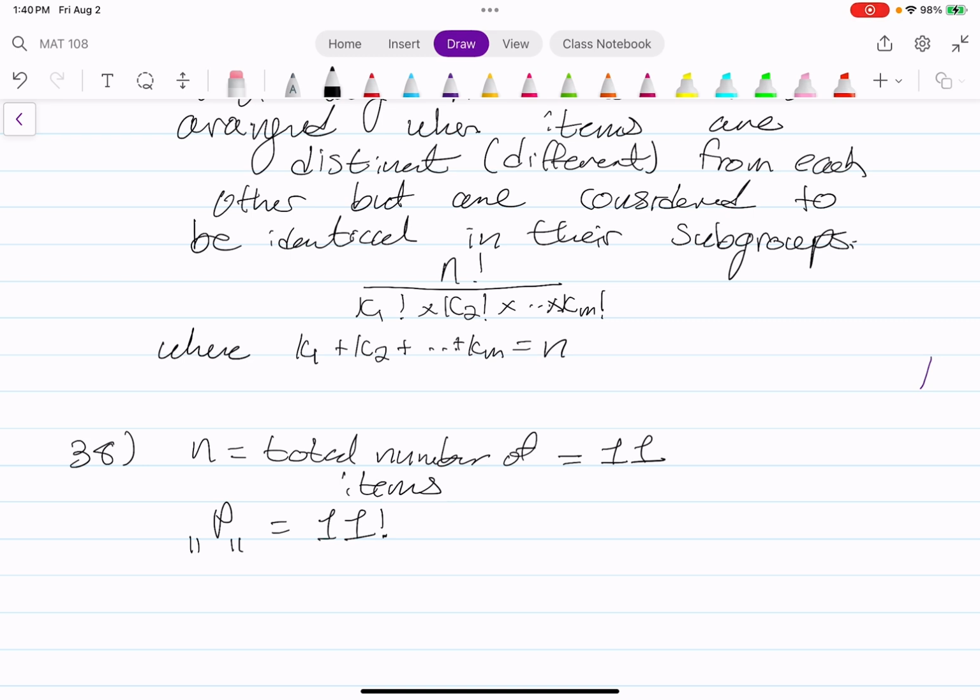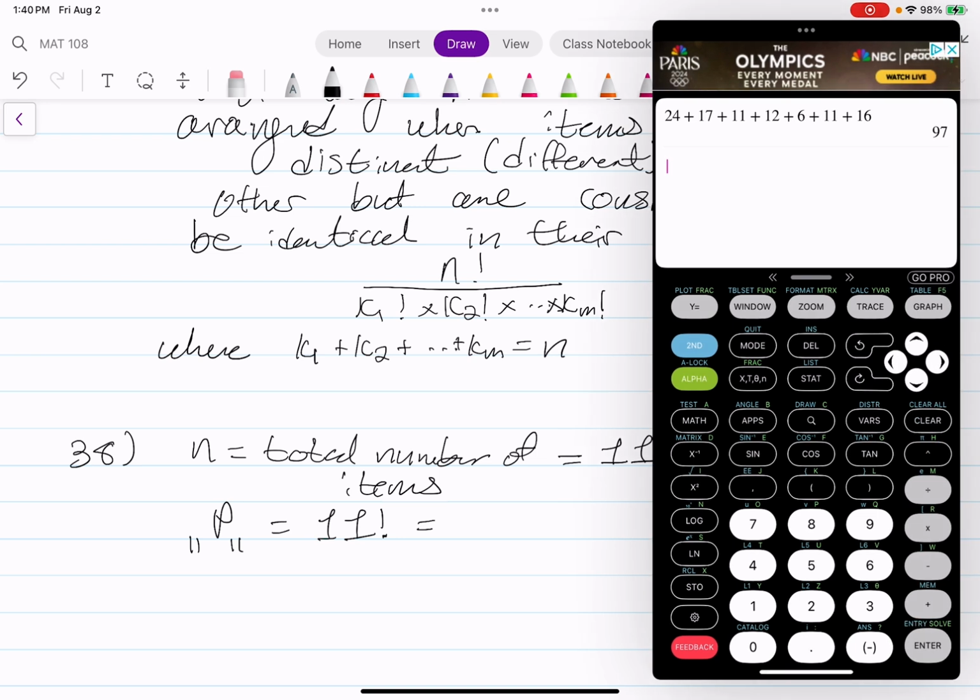And 11 factorial, when we compute it, we're going to use our math calculator. So 11. If your calculator has a PRB button on it, locate the PRB button. For a graphing calculator, we're going to go over to math, then PRB. Click on the fourth option, hit enter.